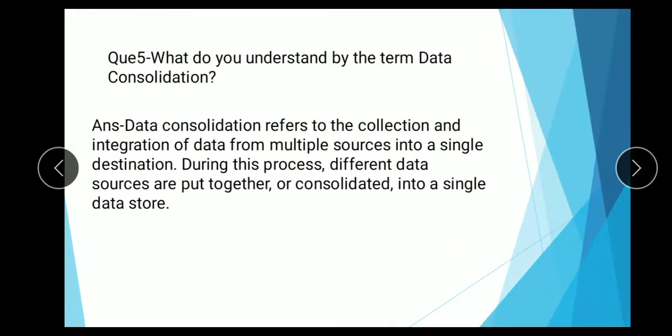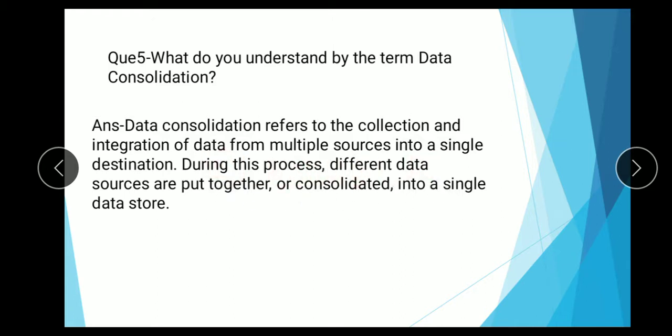Question number 5: What do you understand by the term data consolidation? Data consolidation refers to the collection and integration of data from multiple sources into a single destination. It means you collect data from different sources and put it in a single destination.